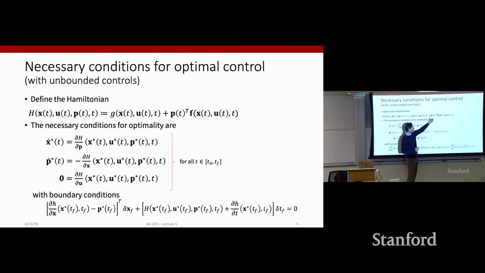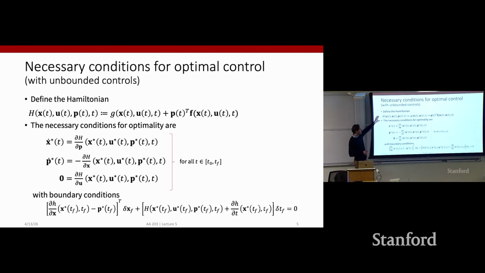In finite dimensional optimization, the Lagrange multipliers were denoted as lambda. Here we denote these costates as p, which are a function of time. They're called costates because there is one costate variable or function for every state function.